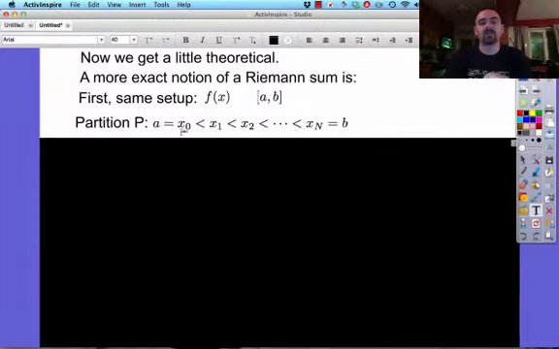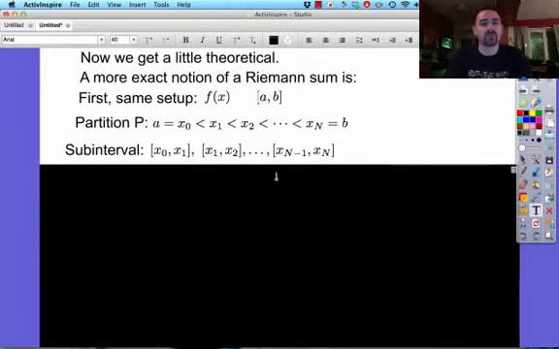The difference here is we divide it up, but we don't require that the distance from x0 to x1 to x2 be the same. This partition is any partition, so some particular partition P. There could be many partitions. The subintervals look like this.